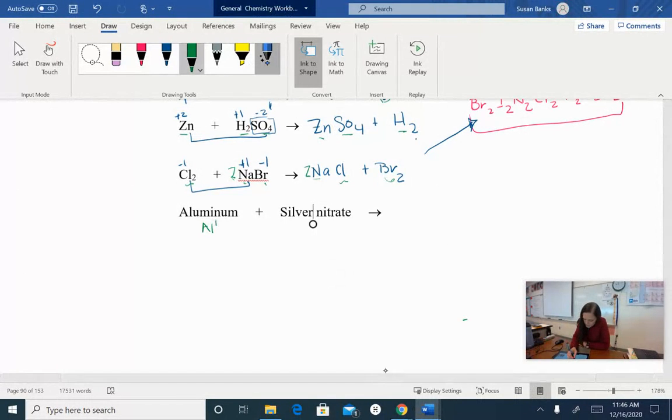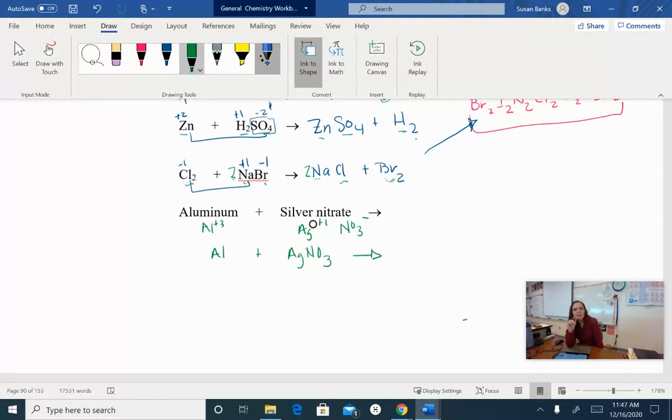So aluminum is a +3, silver is a +1, and nitrate is NO3 -1, if you look up on your polyatomic table. Okay, so here we go. We've got aluminum and silver nitrate. Okay, silver and nitrate are going to get together 1-to-1, +1 plus -1.